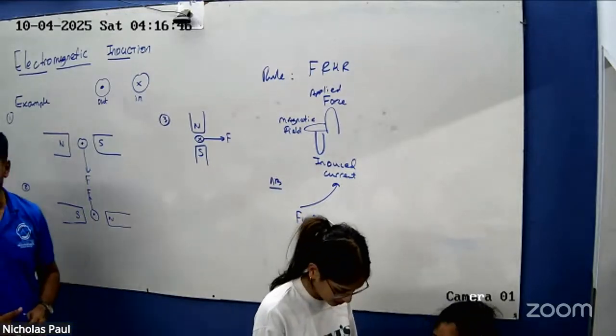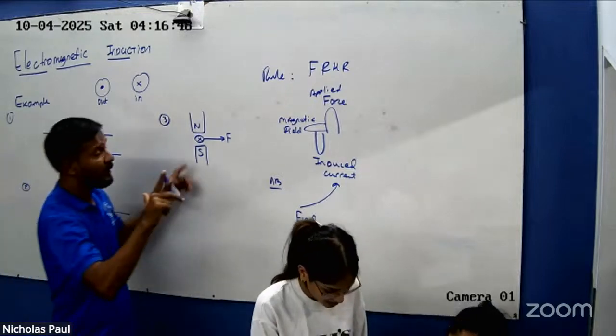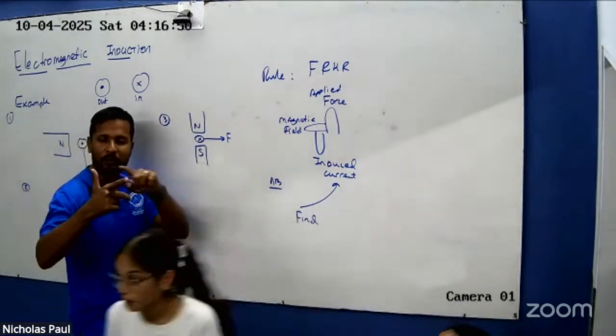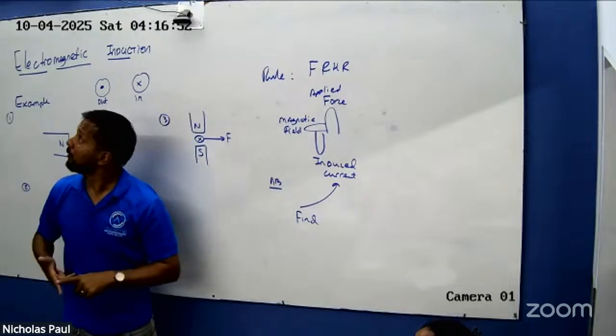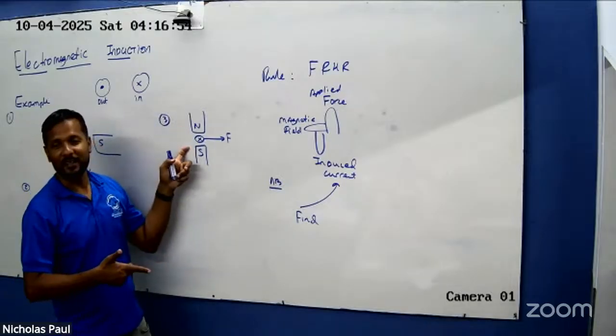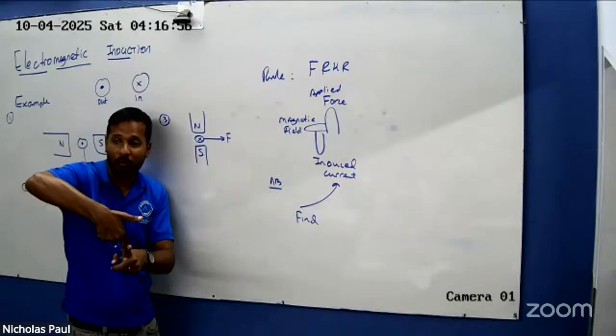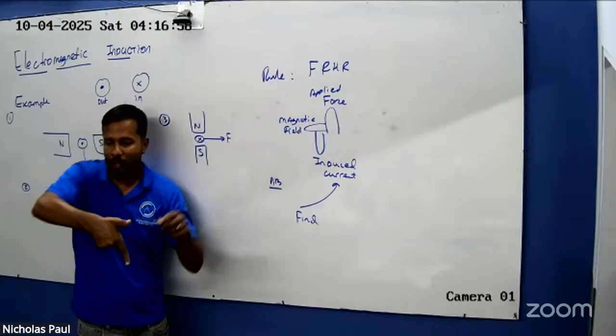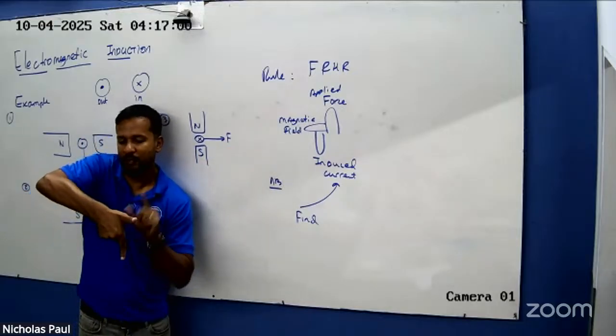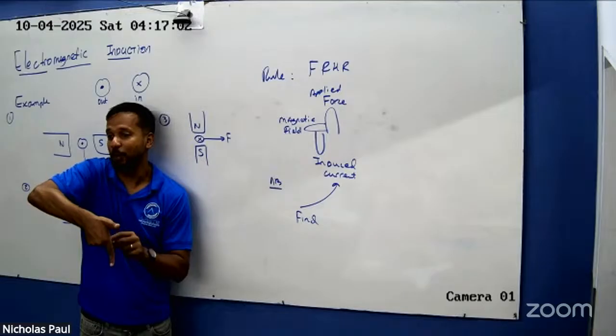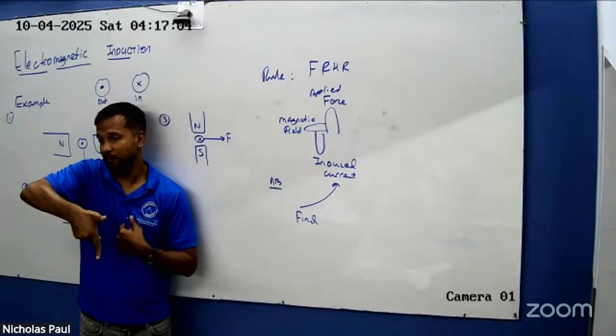But here, this one, watch it again. Magnetic field, north to south. So it's going down. The force is away from me. Magnetic field, force. So the current is pointing towards me.